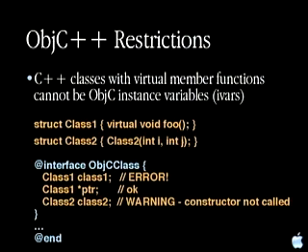I mentioned earlier that you can embed C++ classes within Objective-C classes, but there is a catch. You may not do this if you have any virtual functions. Again, this is because you would have a vtable pointer, and in this case, the Objective-C runtime wouldn't know what to do with the vtable pointer. So this really goes both ways. If you have a non-virtual constructor, like in the struct class 2 example there, we will let it slide.